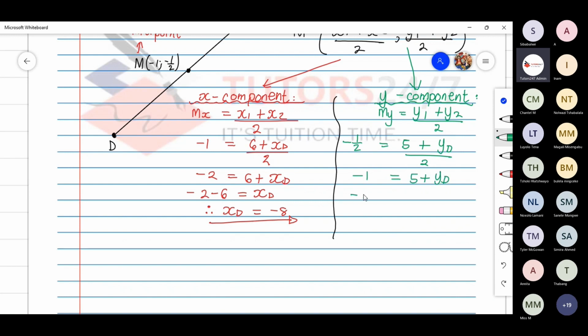From here, I can move 5 to the other side, leaving me with -1 minus 5 equals yd. So that'll then conclude that the y value of d is -6. So we have the coordinates of d as -8 and -6.